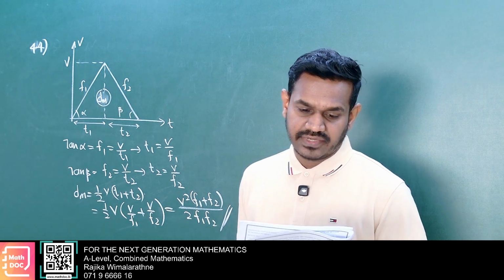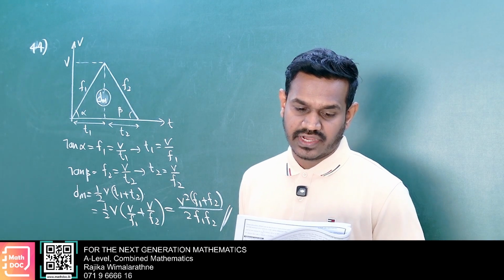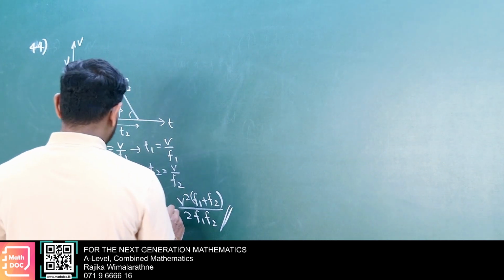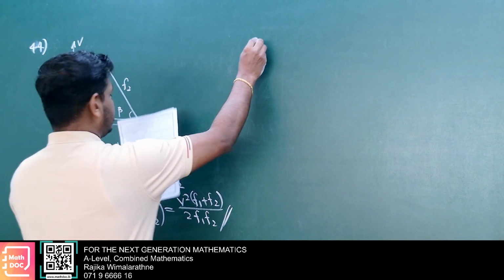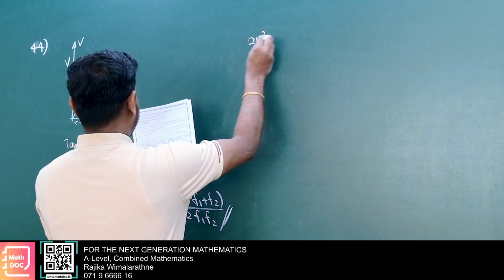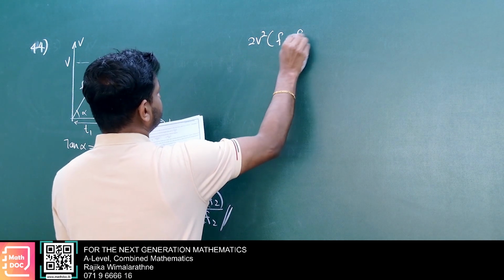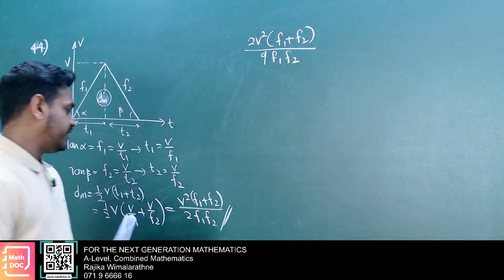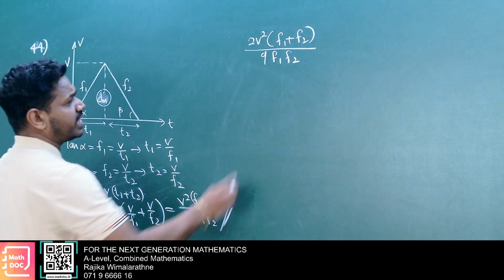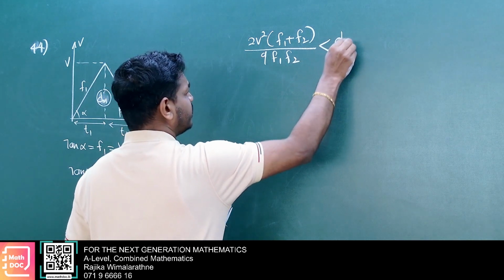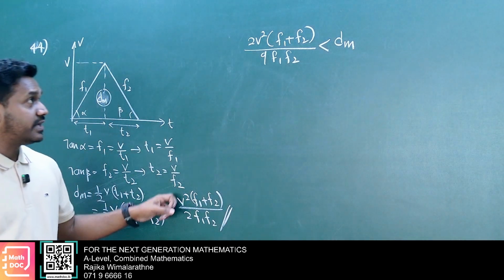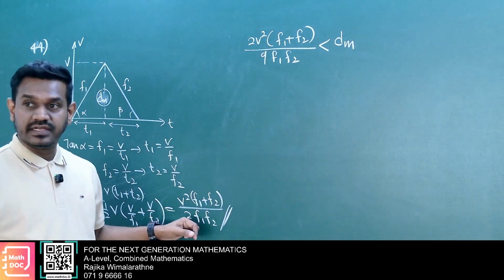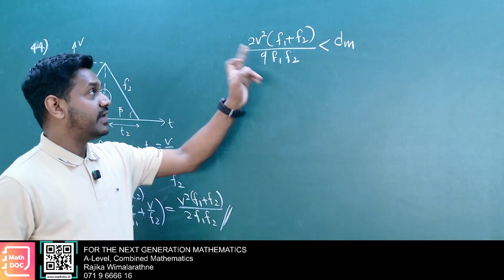Now find the least time taken for the journey when the length is 2V squared, F1 plus F2 over 9 F1 F2. Now take here DM. Now here 2V squared over 2V, F1 plus F2 over 9 F1 F2. So here V squared over 2 F1 F2, here 2 over 9. Then this is surely less than DM. V squared there, F1 F2 there, sum F1 F2 product there. Then here denominator 2. Now here we need to divide by 9.